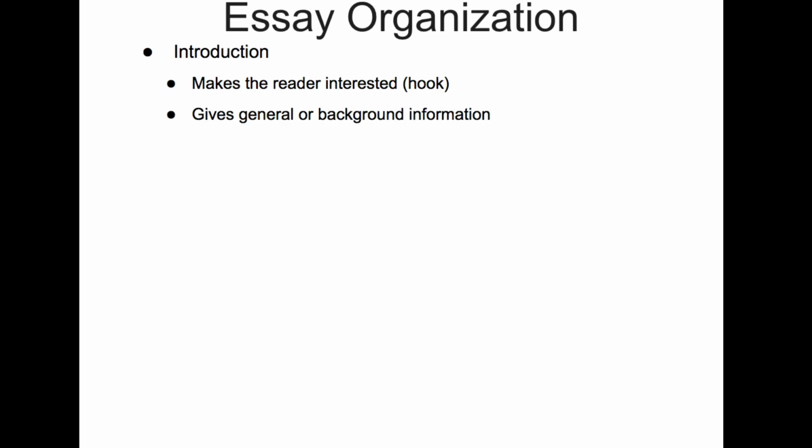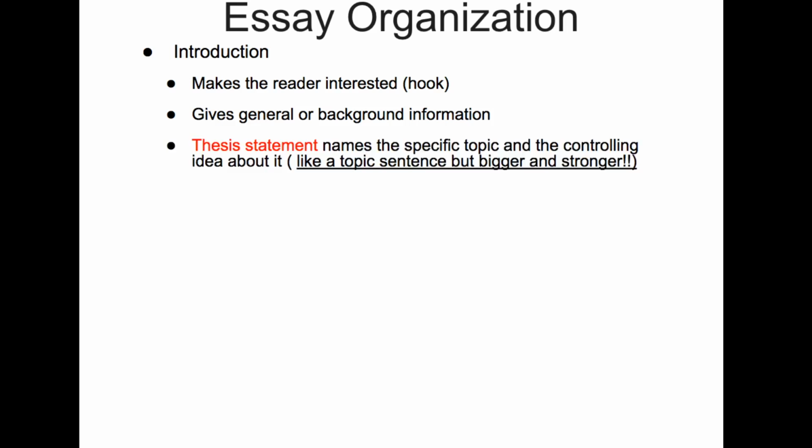Then in the rest of the introduction, we get some general background. We're kind of preparing the reader for what you're going to say. And then the final sentence is our thesis statement. It names the specific topic and a controlling idea. So think of it as like a topic sentence, but bigger and stronger.